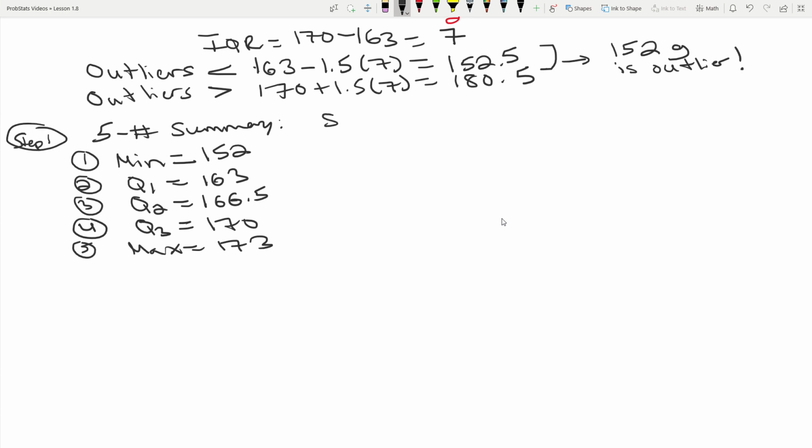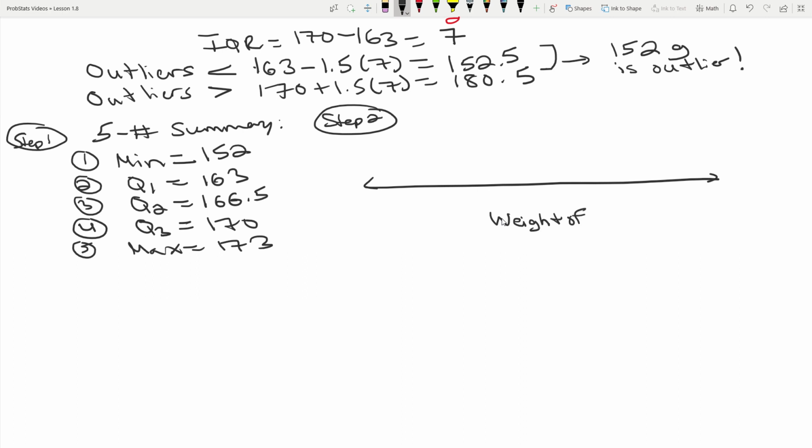Now step 2, we're going to draw a number line. And in this case, we're going to label it. So in this case, this is the weight of the large fries, in grams.